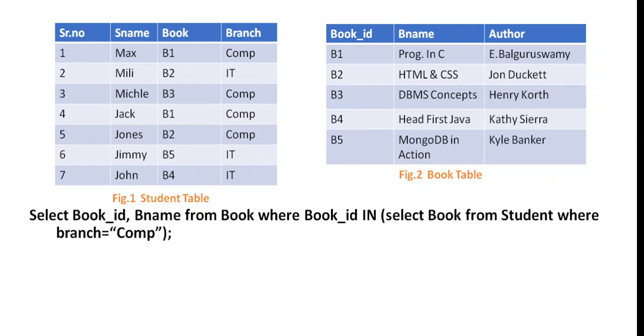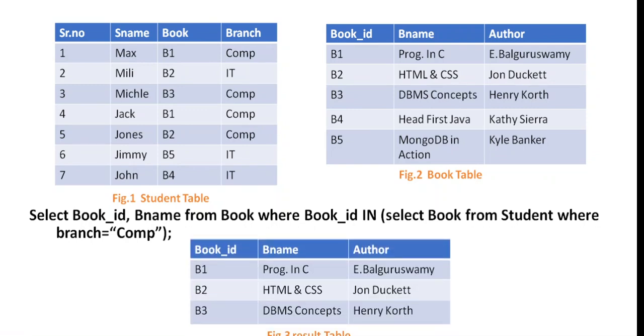If you look at the student table, you will get book IDs B1, B2 and B3. Then these three IDs are given as an input to the outer query. So your outer query will be like this: select book ID, book name from book where book ID in B1, B2, B3, because these three book IDs are issued by computer students.